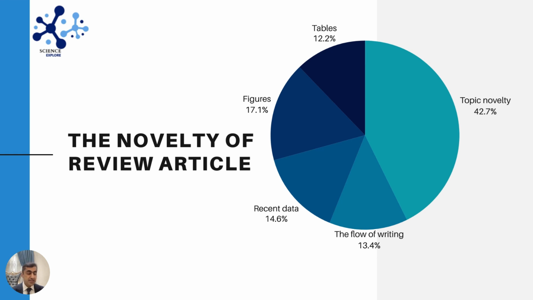And some authors said 100% of the novelty of a review article can be seen in the subtopics. Do you know why? Because subtopics mean the keywords of the title. If your title is novel or new, then the keywords are new, and the subtopics are created based on what?